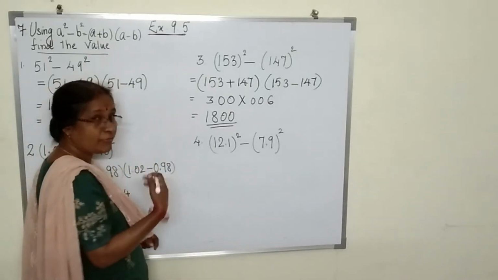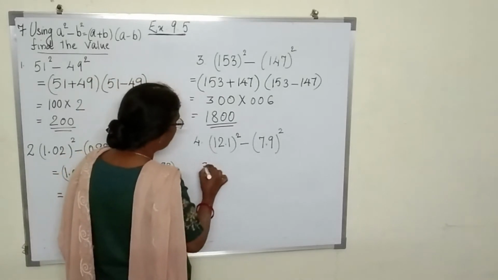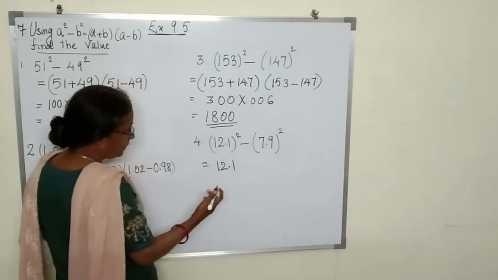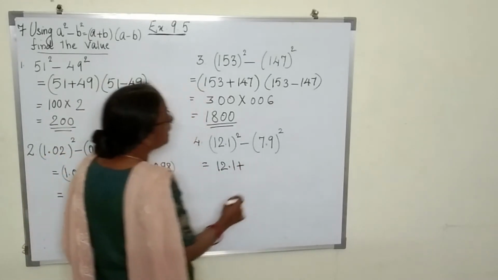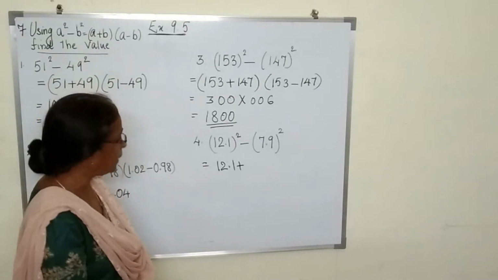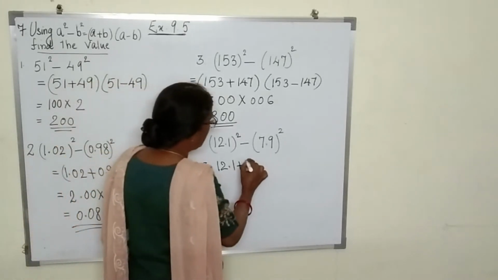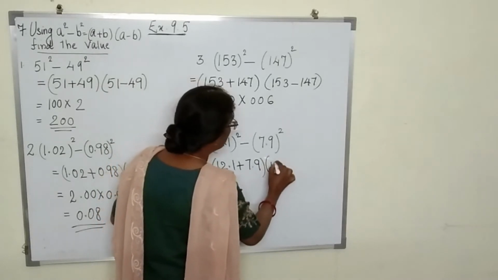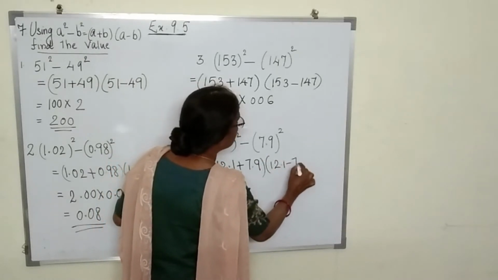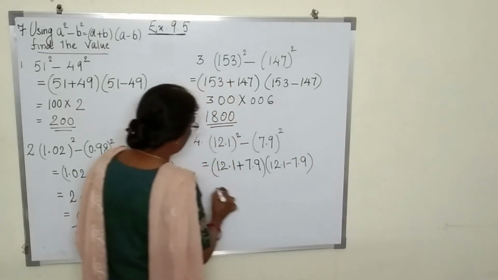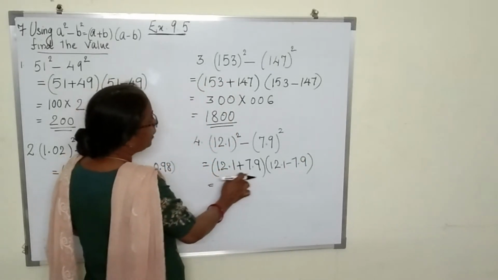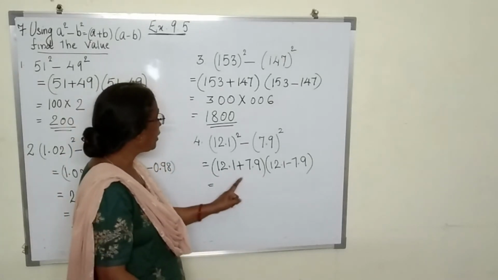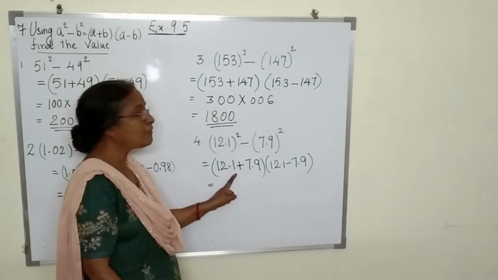And even faster. Here, 12.1 whole square minus 7.9 whole square. That is 12.1 plus 7.9 into 12.1 minus 7.9. What is 12.1 plus 7.9? Very easily you can do. 7.9 plus 0.1 will be 8.